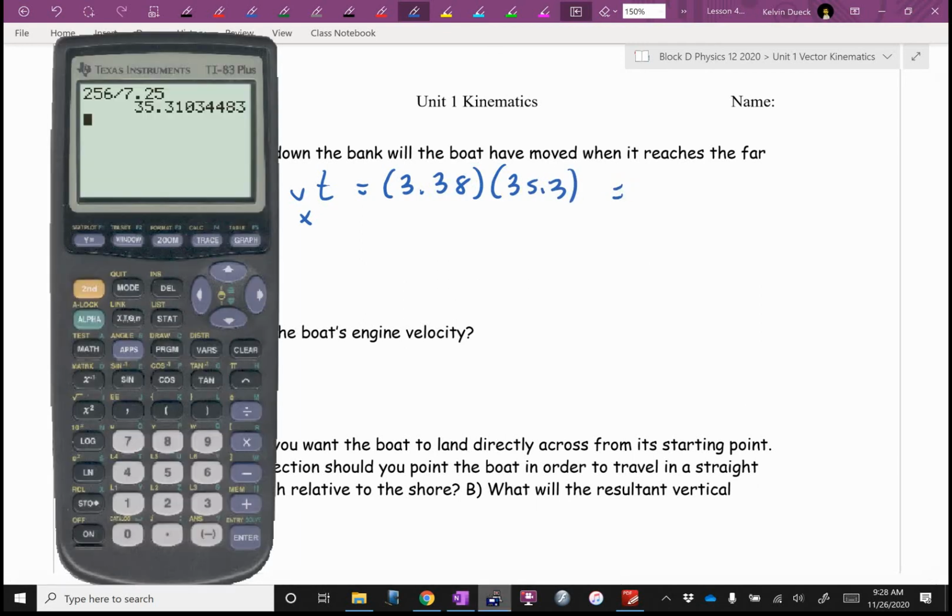I'm going to use my answer button instead of 35.3 because it's less work. But I will go 3.38 times answer button. If you really want it to be hyper accurate, you could go 8 cos, whatever the angle was, times answer button, but good enough. It's going to end up about 119 meters downstream.